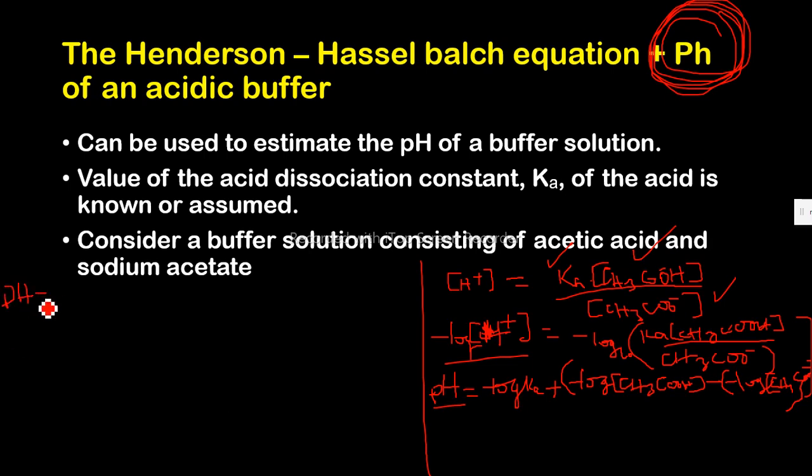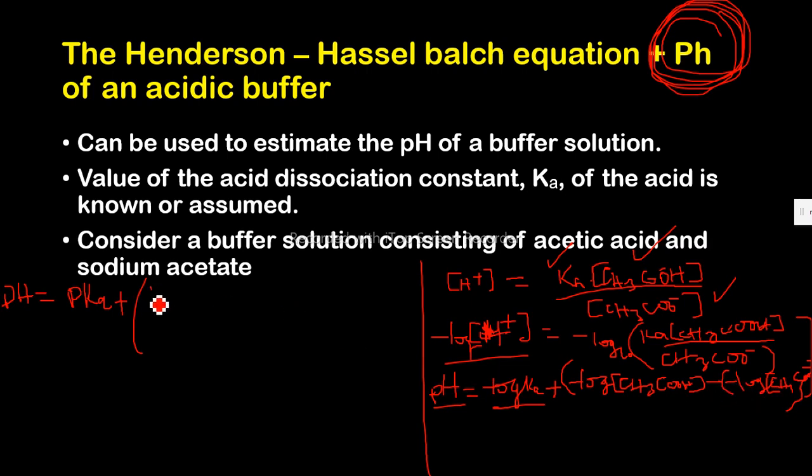Which is equivalent to negative log of Ka, that is pKa. Are you seeing? That's pKa. So if you have Ka, you just take the negative log of that value that is given. Everything plus our brackets. So this is minus, and then this one is minus, so this is going to be plus.